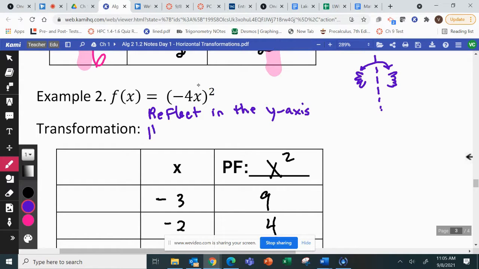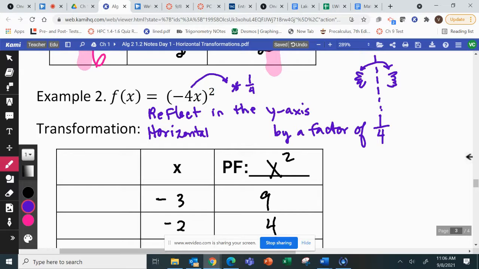And then the 4 is a horizontal stretch or shrink by a factor of something. So if there's a 4 here, it's on the inside. When I go to multiply by it, I'm not multiplying by 4. What am I multiplying by? 1/4. So that's my factor of 1/4. Will that stretch or shrink? It's going to be a shrink. So we have a horizontal shrink by a factor of 1/4.